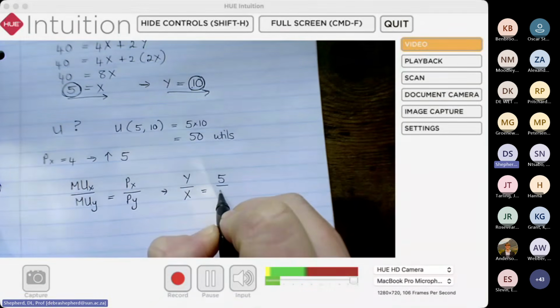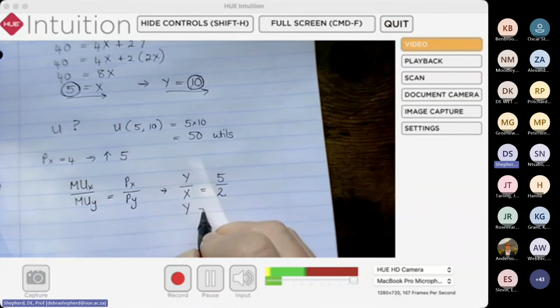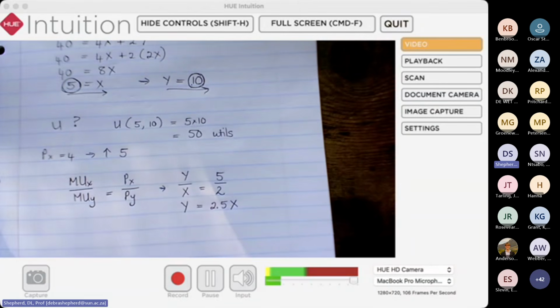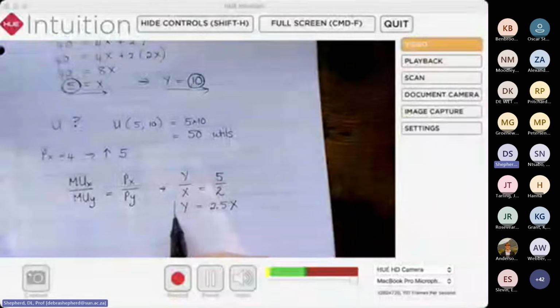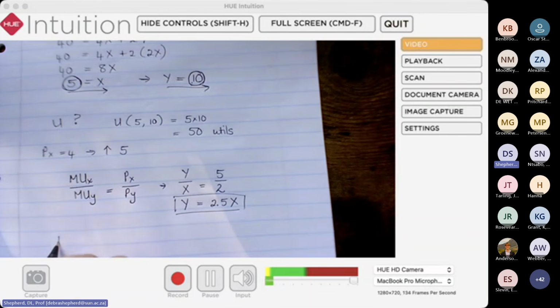So that means that Y is now going to be 2.5x. Given the new relative price, she is now going to be at her best affordable point when she's consuming 2.5 times more Y than she is consuming X. Again, we're going to sub this into a budget constraint, but her budget constraint has also changed. Her budget constraint is now going to be 40 equals 5x plus 2y.